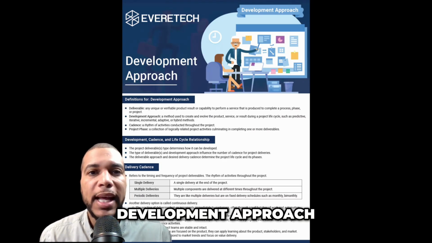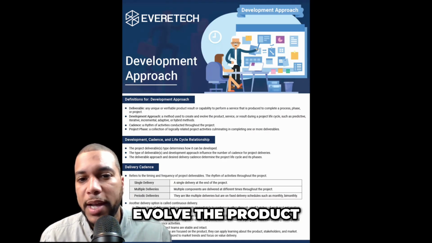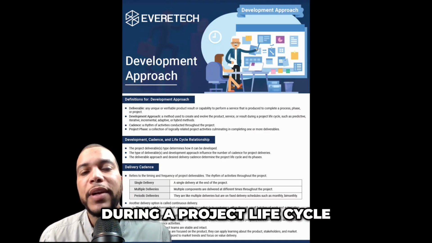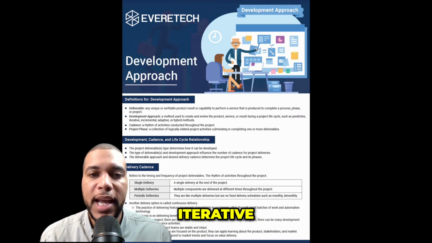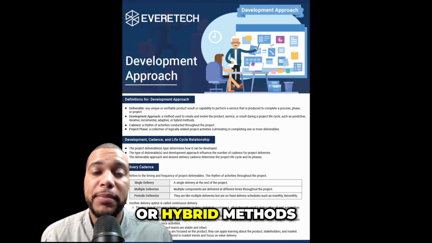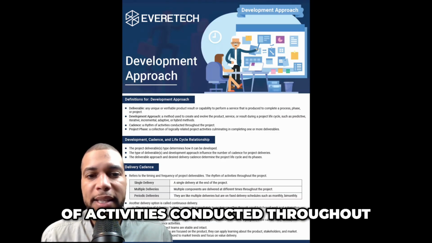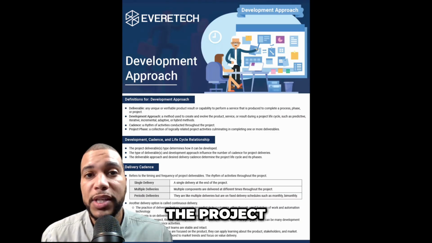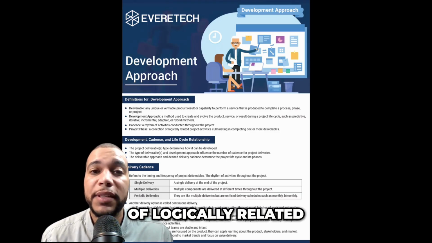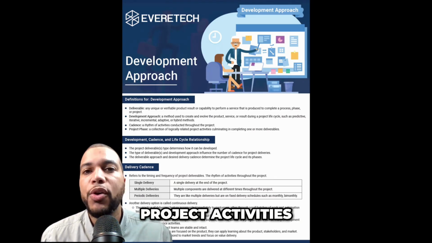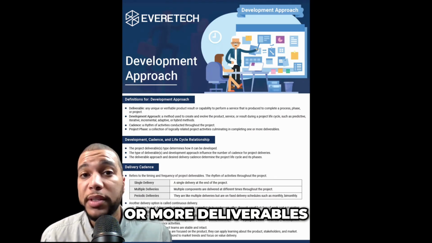Development approach is a method used to create and evolve the product, service, or result during a project life cycle, such as predictive, iterative, incremental, adaptive, or hybrid methods. Cadence is the rhythm of activities conducted throughout the project. A project phase is a collection of logically related project activities culminating in completing one or more deliverables.